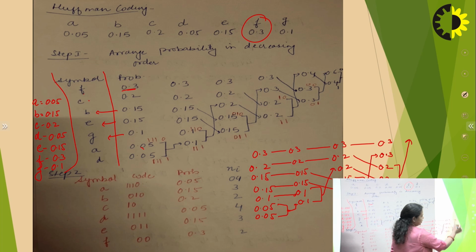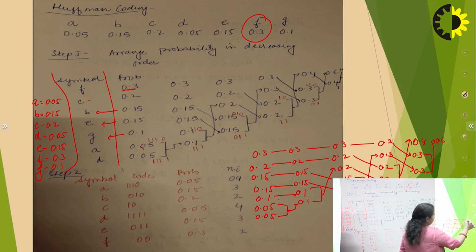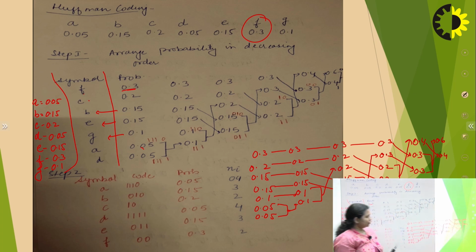So that is very high from the given probability. So it will go here. Then this 0.3 here. And then this 0.3 here. Then addition of this is 0.6. So 0.6 will be here. And this 0.4. Right. Now you will stop here because only the two probabilities are left. So you will stop here.